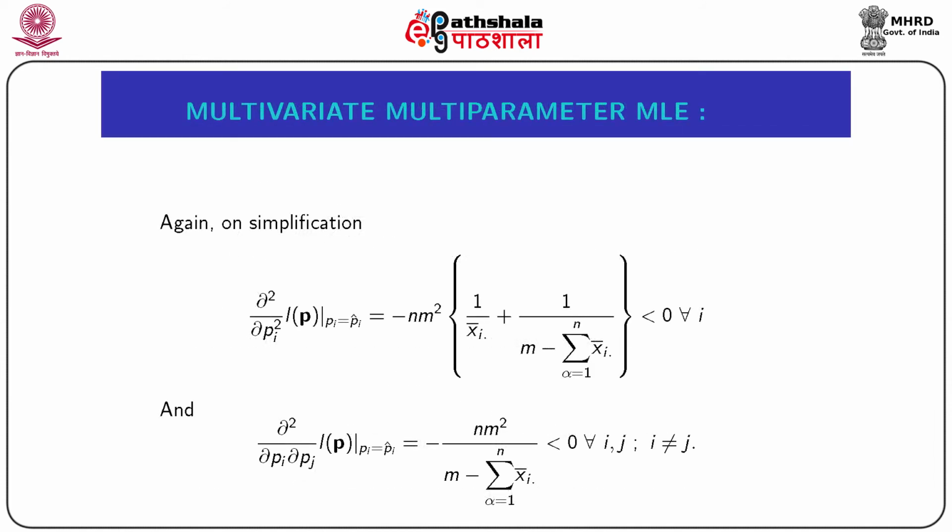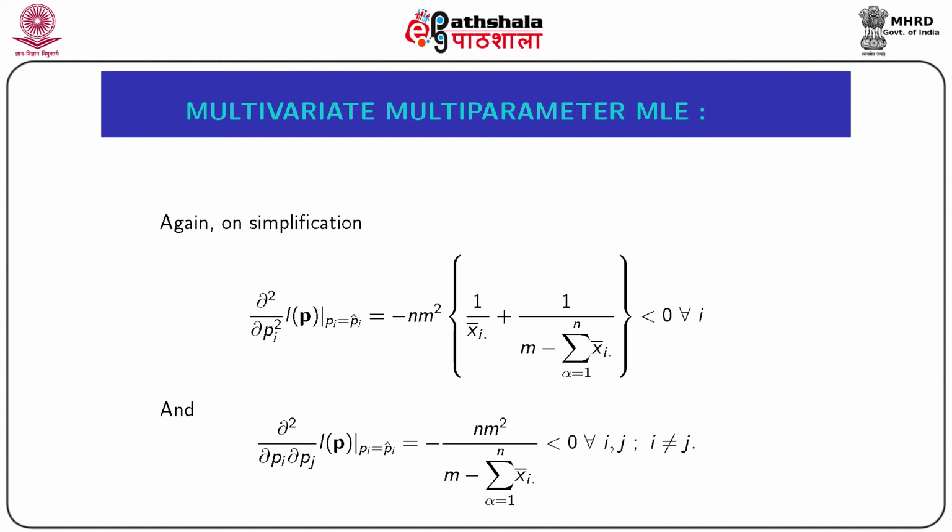Again, on simplification, the second order derivative of log likelihood with respect to pi at the point pi equal to pi hat becomes minus n into m square into, within bracket, 1 by xi dot bar plus 1 by m minus summation i from 1 to k xi dot bar. Obviously, the whole expression is less than 0 for all i because within the bracket both the terms xi dot bar and m minus summation i xi dot bar are non-negative, or in particular positive.